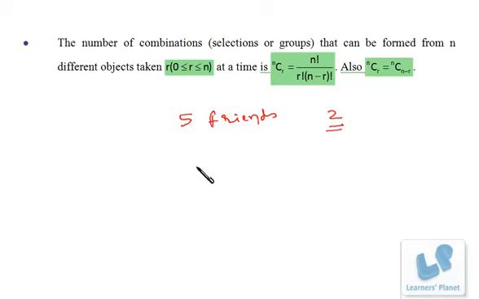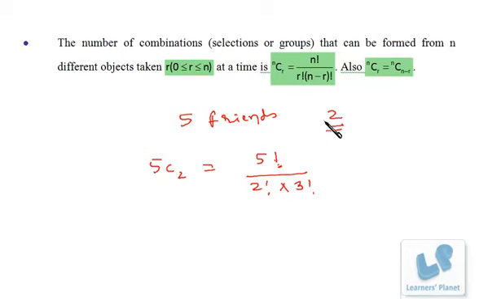So you have to go this way, that is 5C2. Now what is 5C2? 5 factorial upon 2 factorial into 5 minus 2 factorial. So this is 5 factorial by 2 factorial into 3 factorial. Now this we have to solve, right?